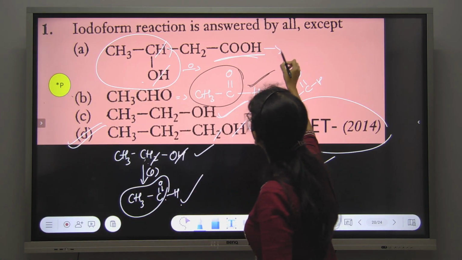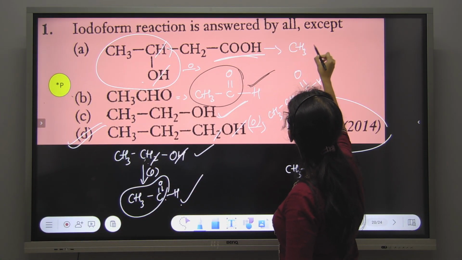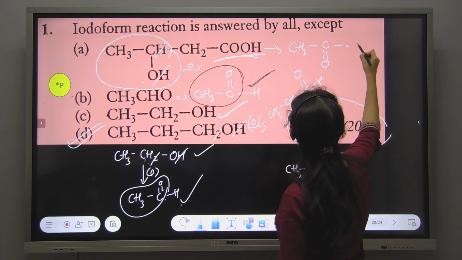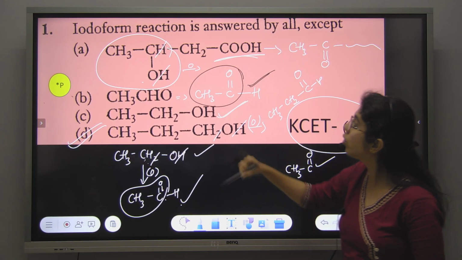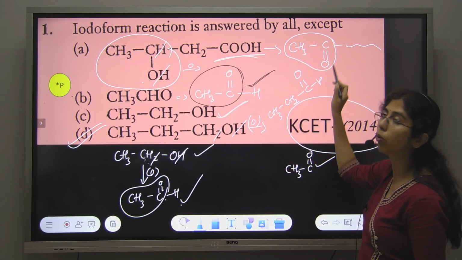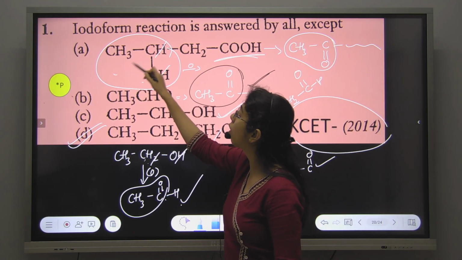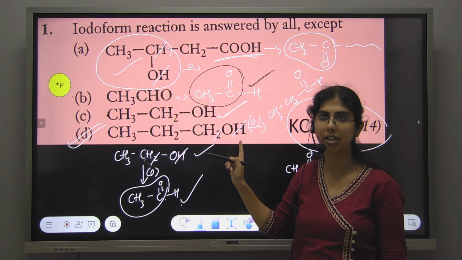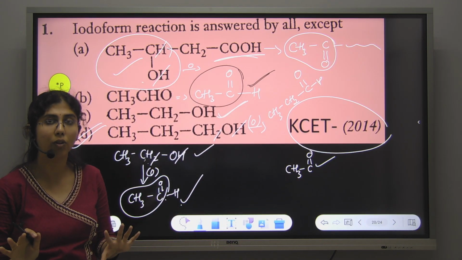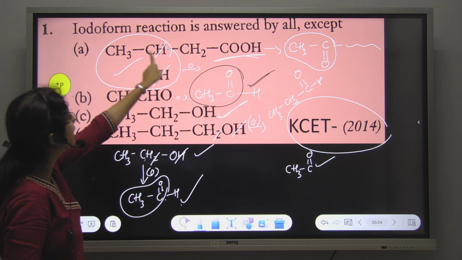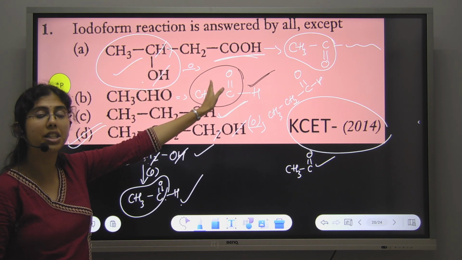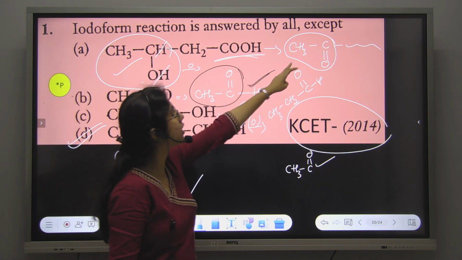Then CH3 C double bond oxygen and this entire group. After the oxidation of this part, I got a CH3CO group. That is why they are considering that this can also give iodoform. Generally a carboxylic acid doesn't give it, but here, since they have given this group, you have to take it as it is, giving iodoform because of this COCH3.